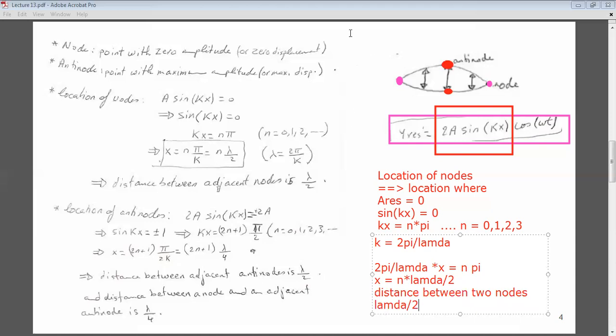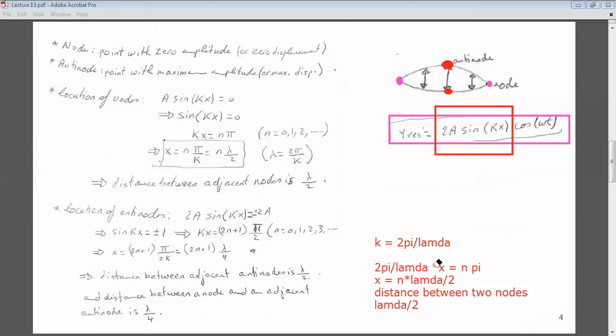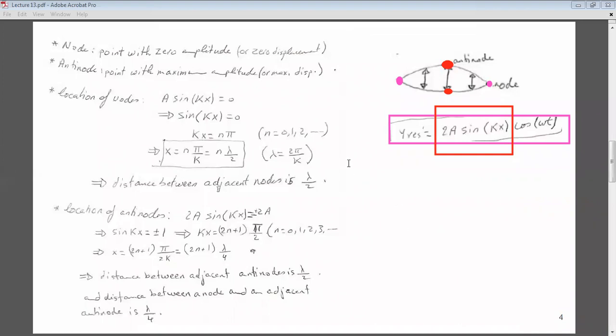Now let's get the location of the antinodes. Remember that antinodes are the points with maximum amplitude.